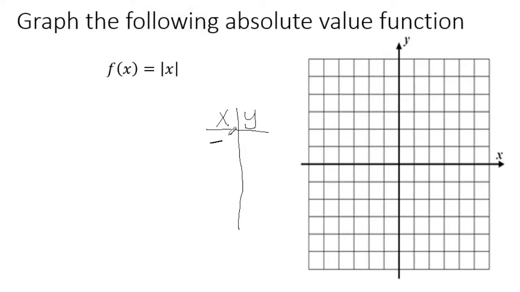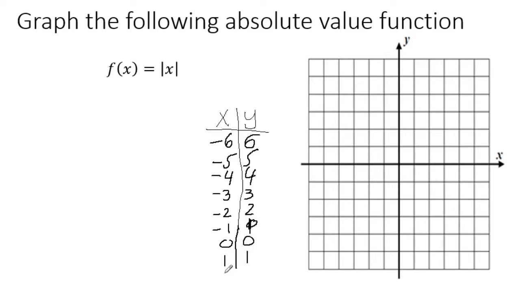So we have -6, 6, -5, 5, -4, 4, -3, 3, -2, 2, -1, 1, 0, 0, 1, 1, 2, 2, and so on and so forth.